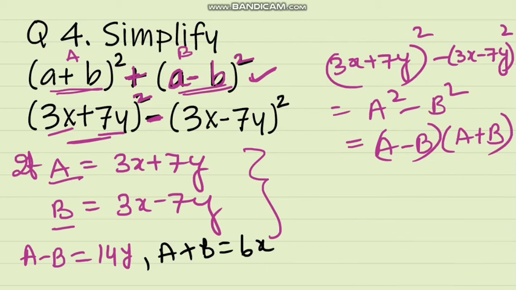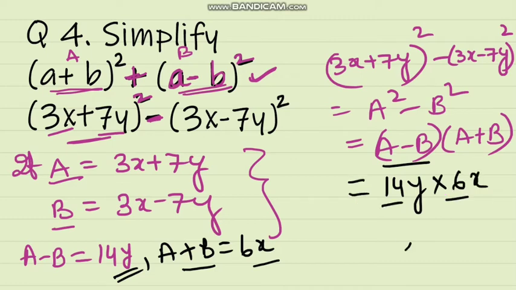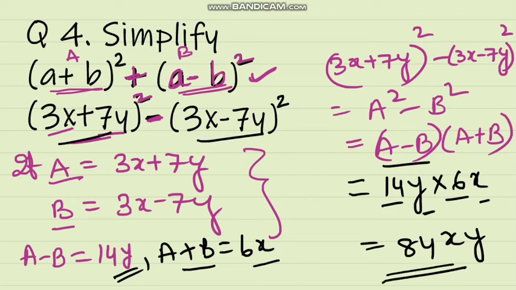For a minus b you put 14y, and for a plus b you put 6x. So 14y into 6x. 14 times 6 is 84 and y into x gives xy. So simple. (3x plus 7y) whole square minus (3x minus 7y) whole square is equal to 84xy.